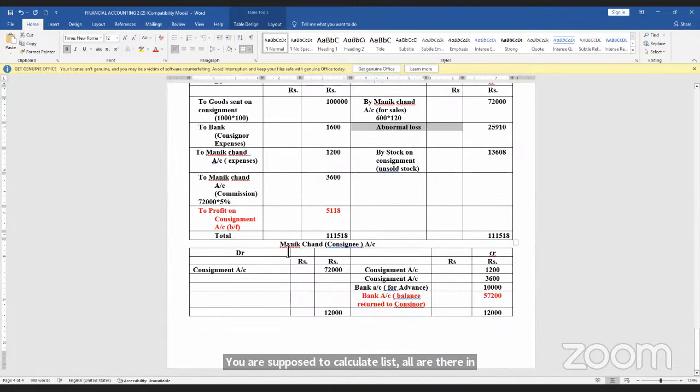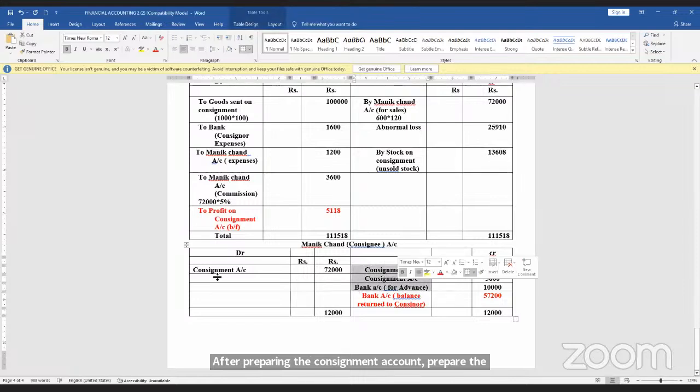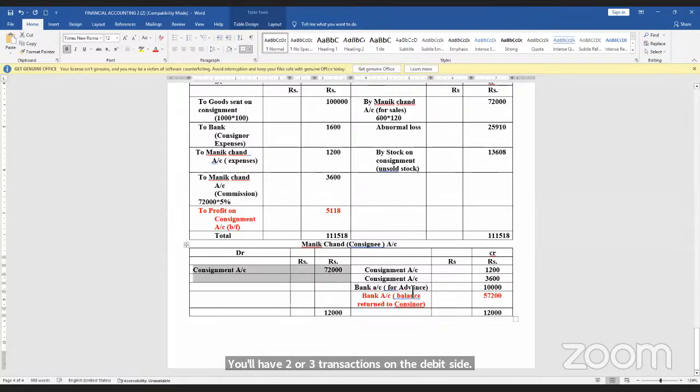After preparing the consignment account, prepare the consignee account again, which is the same. On the credit side, you will have 2 or 3 transactions. On the debit side, you will have only 1 transaction. On both sides you will write only consignment. If it is an advance, you will write bank. If there is no advance, on both sides you will get consignment only.